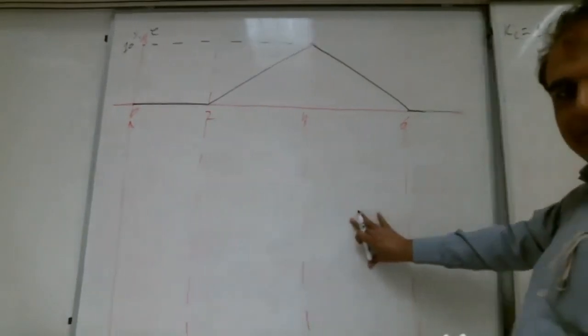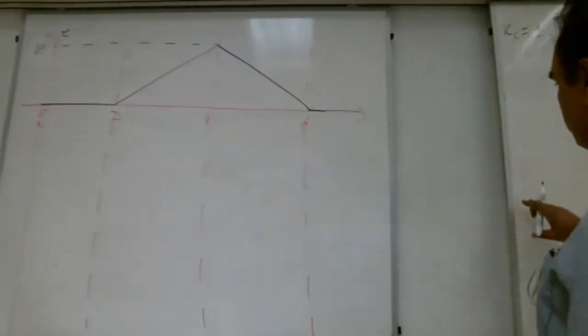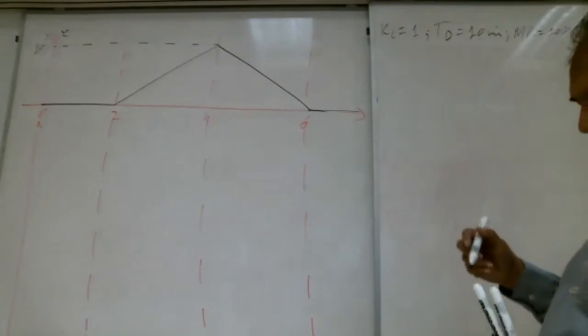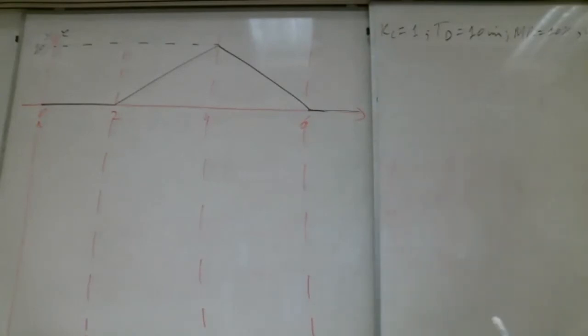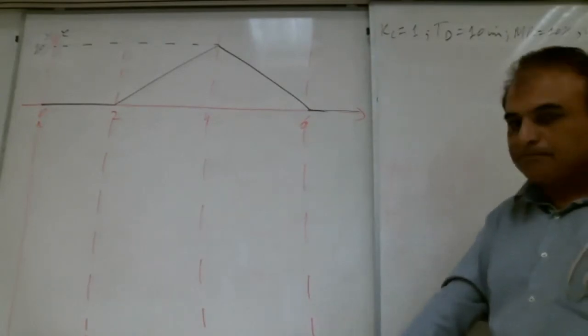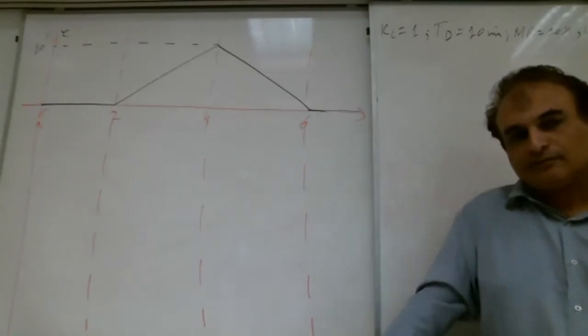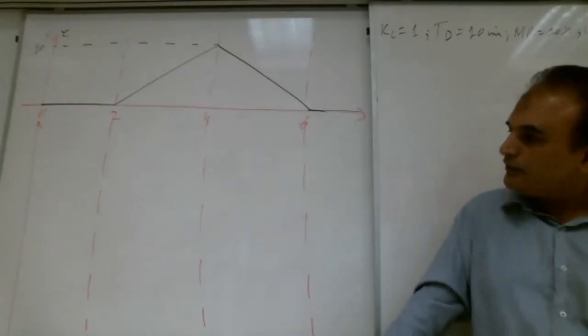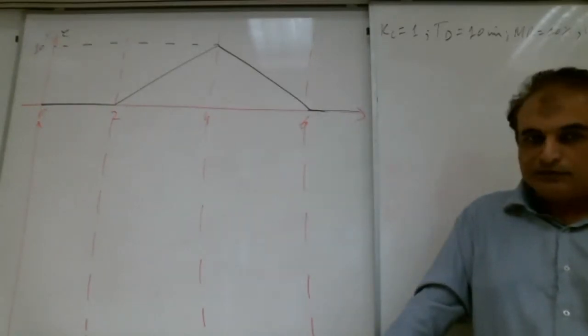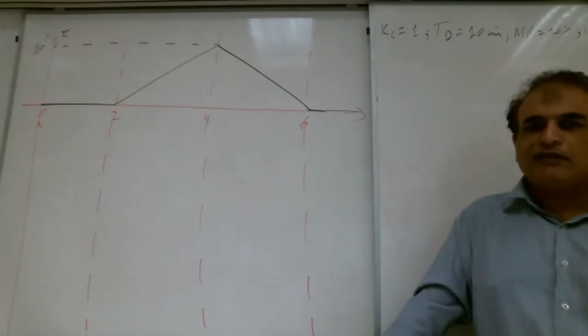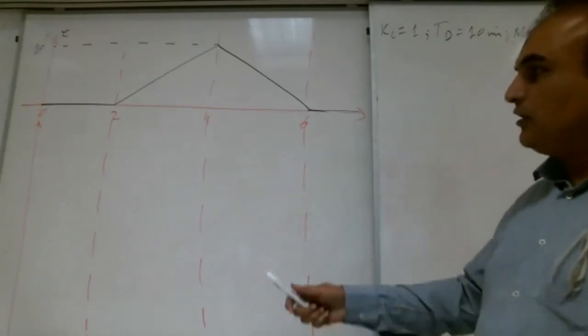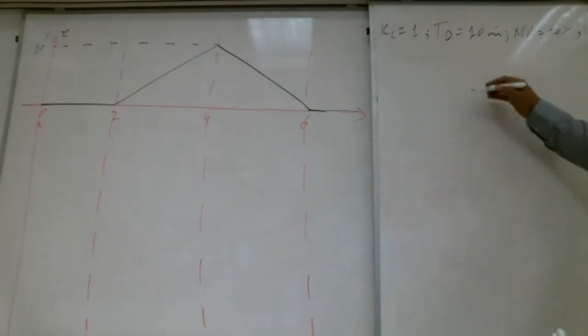Shiva, what is the first step to draw it? Parts. How many parts does this curve have? 4 parts. Very good.